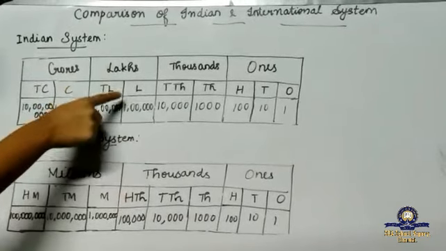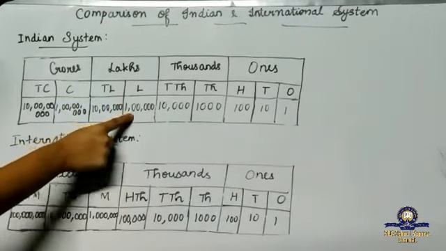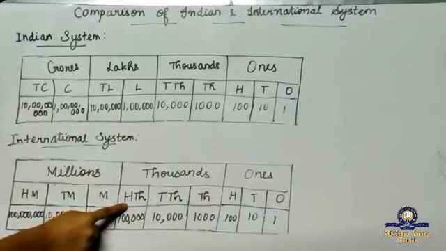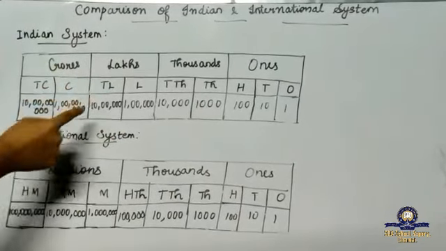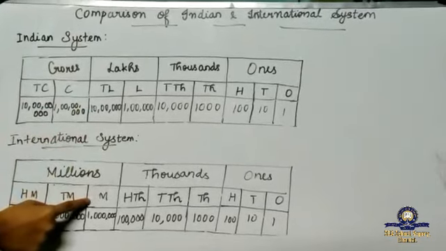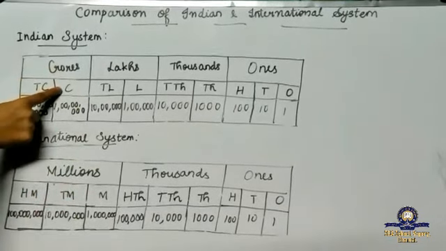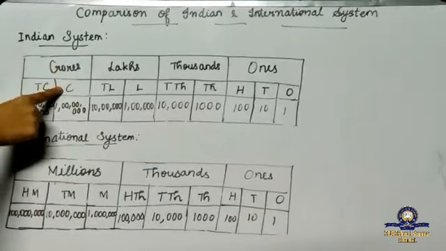So in Indian system, we say it as lakhs, but in international system we say it as 100,000s. Similarly, in Indian system we say it as 10 lakhs, and in international system we call it as million. And the crores, in Indian system we call it as crores, whereas in international system we call it as 10 million.